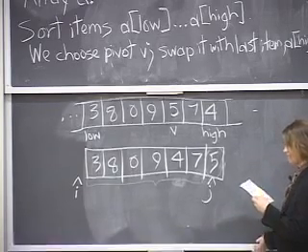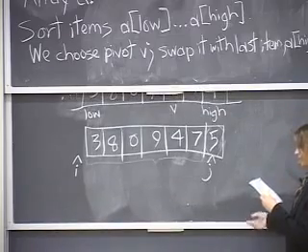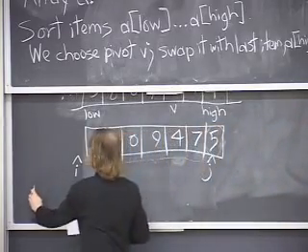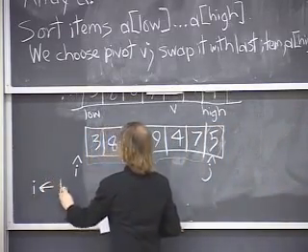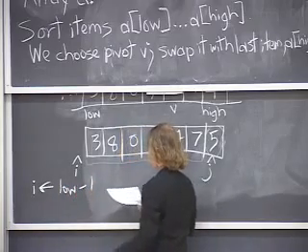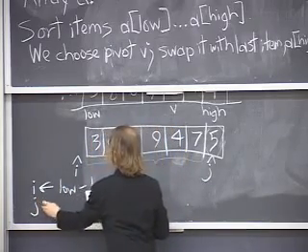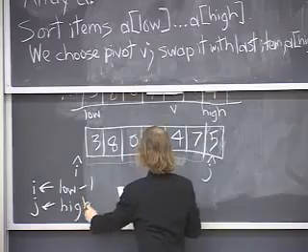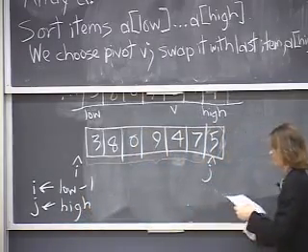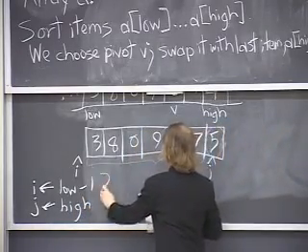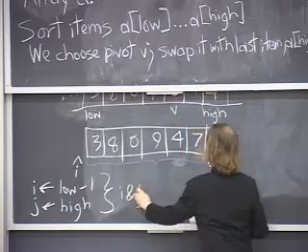Write this down: i is initially equal to low minus 1, and j is initially equal to high. And i and j sandwich the items to be sorted.